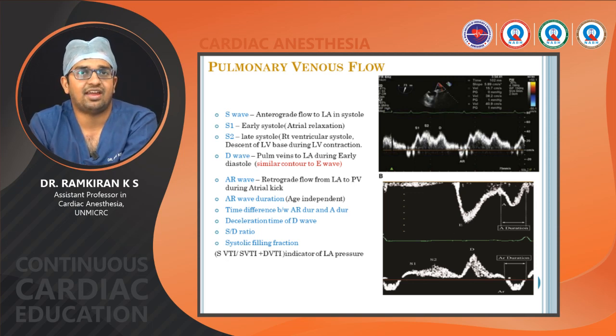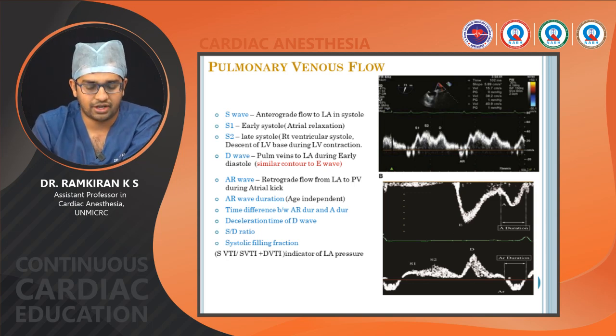So this AR duration is an age independent parameter, and the time difference between the AR duration and A duration also correlates well with the stages of diastolic dysfunction. And apart from that, you have some other derived parameters also through pulmonary venous flow.